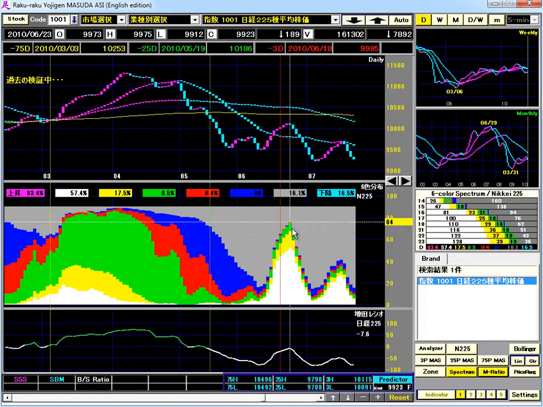Let's go back to the example that we were looking at before. At this point in time, when we aligned the white basis line with the peak of this green area, we had 83.4% of all of the stocks in the Nikkei 225 being uptrending stocks. However, if we look at the Masuda ratio, we have a minus 7.6.